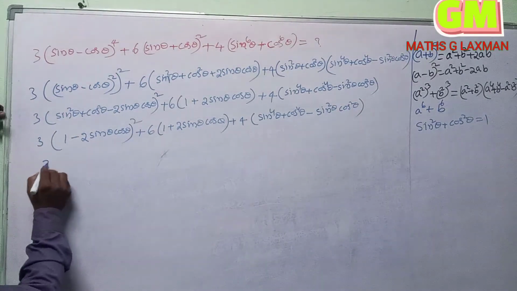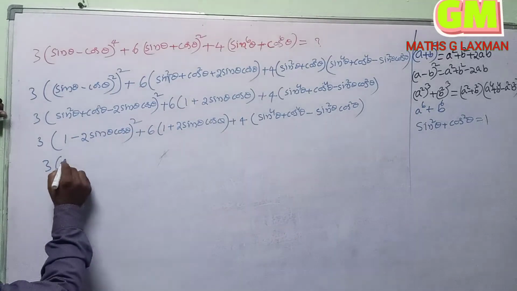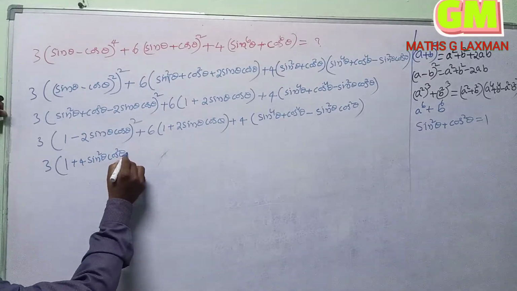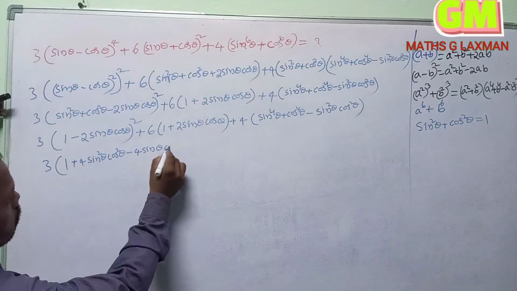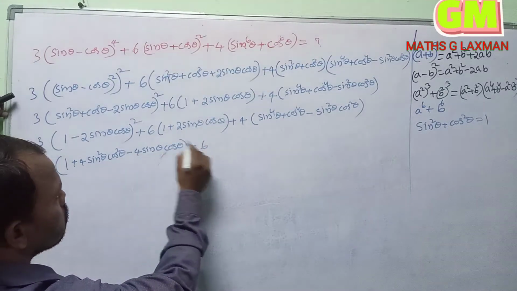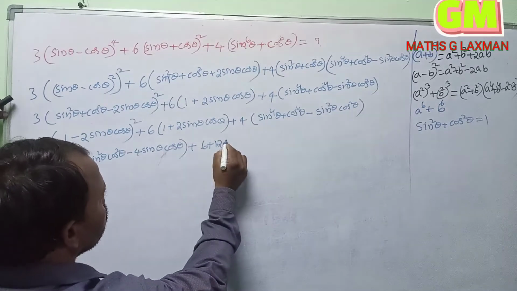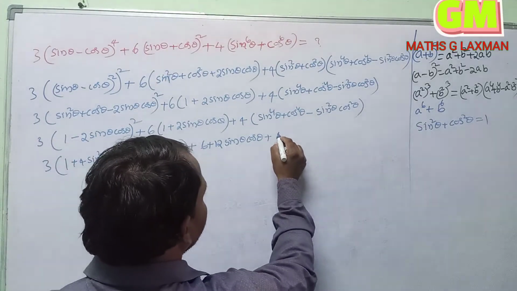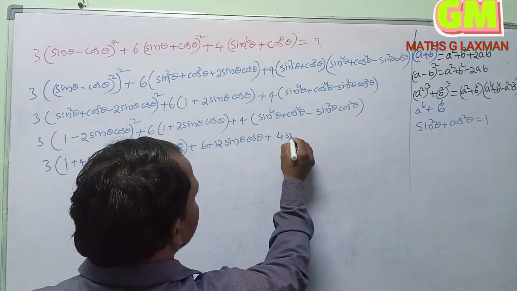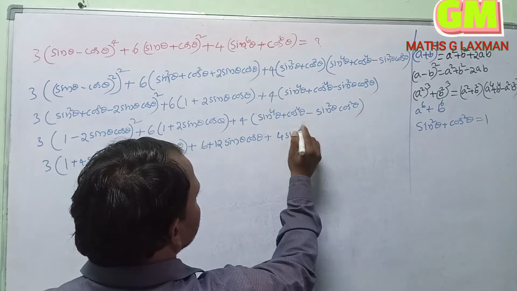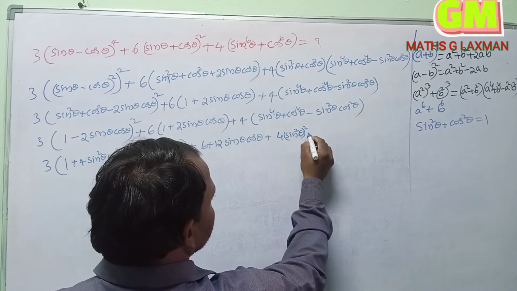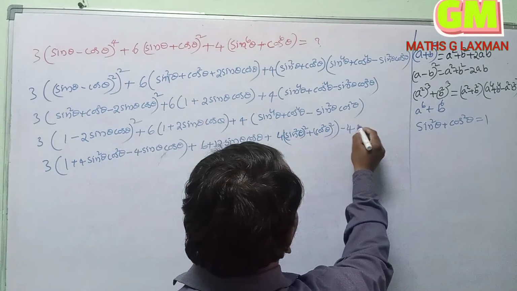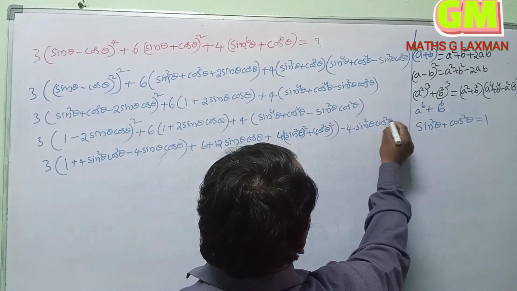Now simplify this. 3 into, again it is in the form of (a−b)², so 1 + 4 sin²θ cos²θ − 4 sin θ cos θ, plus 6. 6 into 1 is 6, plus 6 into 2 is 12 sin θ cos θ, plus here 4 into (sin²θ)² + (cos²θ)² − 4 sin²θ cos²θ.